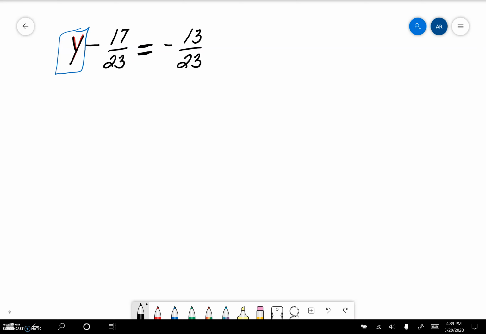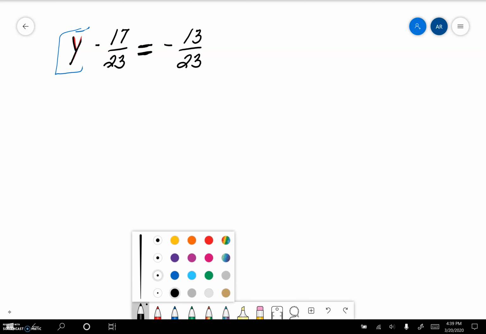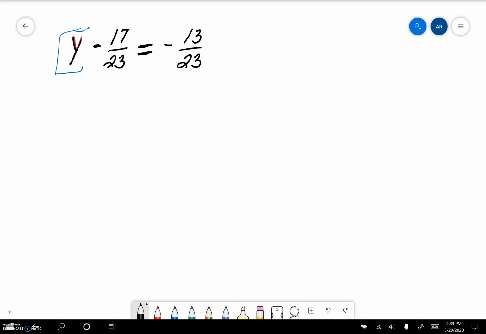Remember, anytime that you're moving something from one side to the other, it becomes the opposite. So if I'm going to move this over here, if it's a negative on one side, it must become a positive on the other.